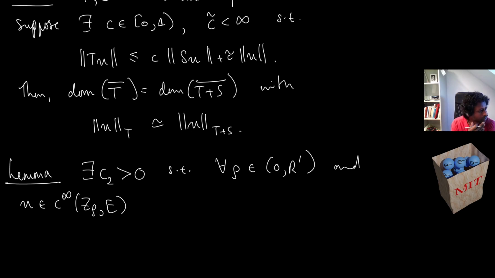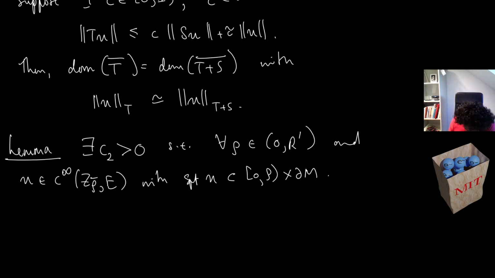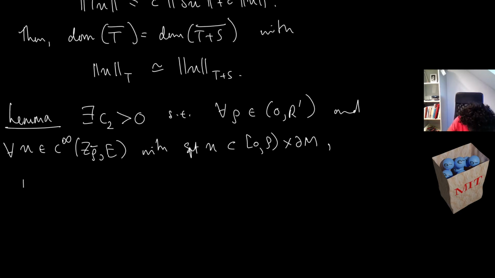Actually, is that what I want? Sorry, no, I wanted to touch the boundary, so I'm going to ask with support of u contained in (0, rho) times the boundary M. Yeah, this is the right way to write it.